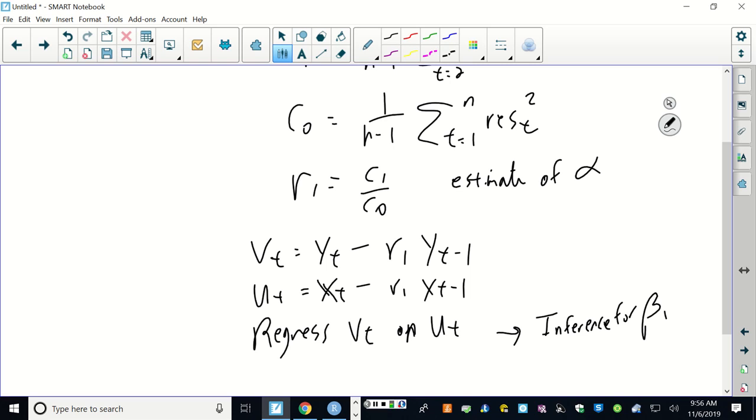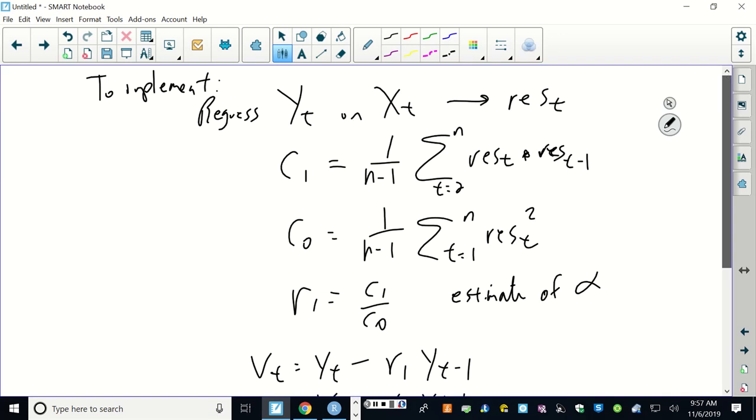That's one predictor, but you could generalize this to more predictors. So if you had a bunch of x's, you could regress y on all the x's and get residuals.